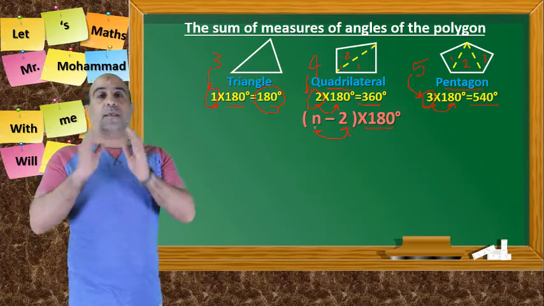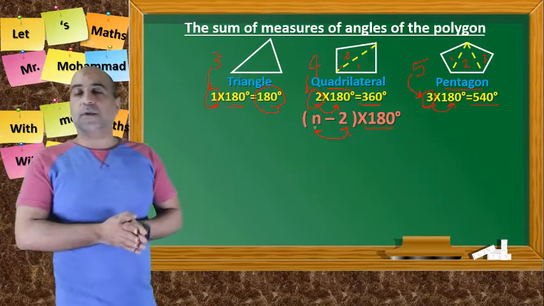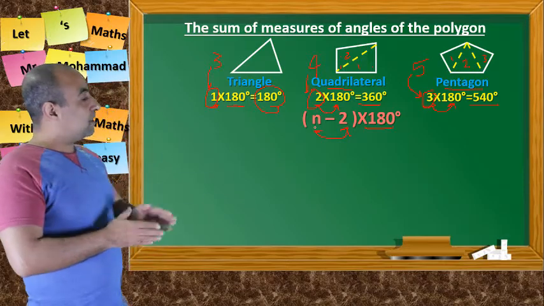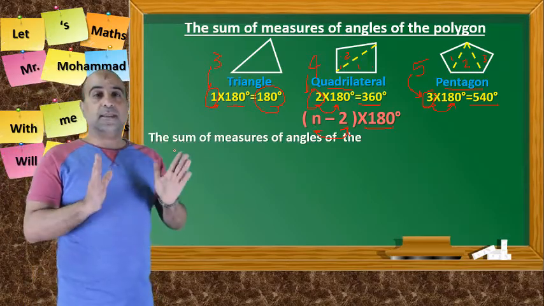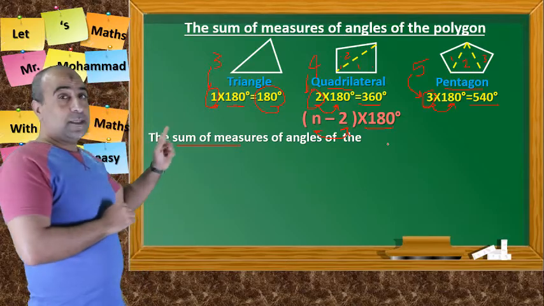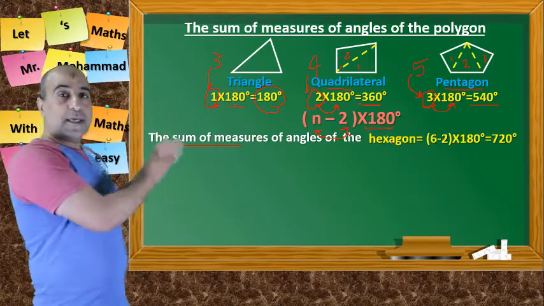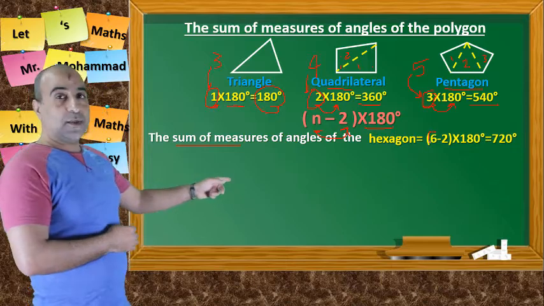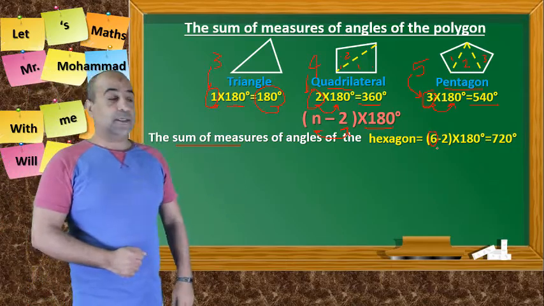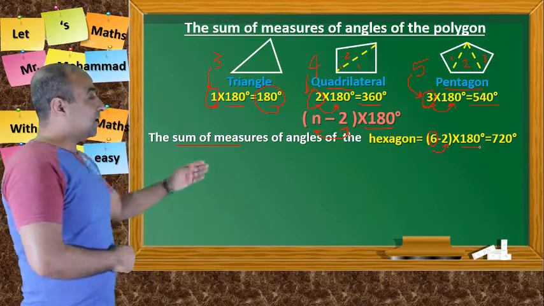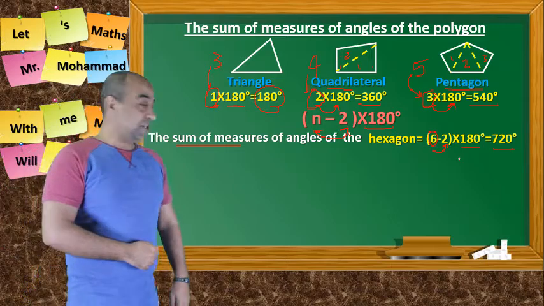Let's apply this rule to the other polygons. For example, the hexagon has 6 sides, which means we replace n by 6. 6 minus 2, all multiplied by 180, is equal to 720 degrees.